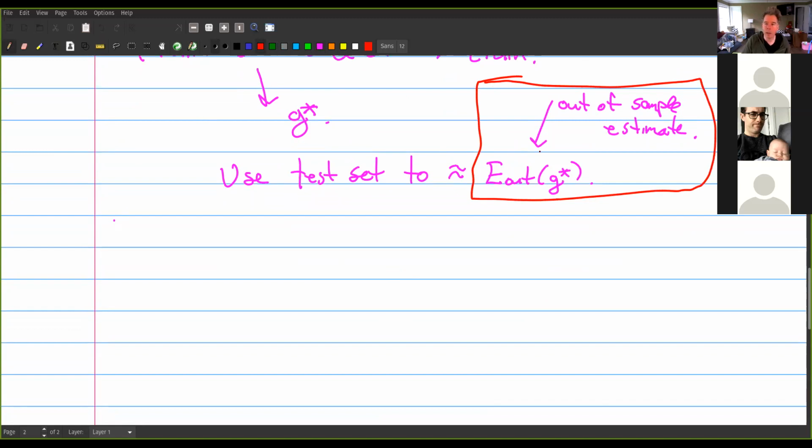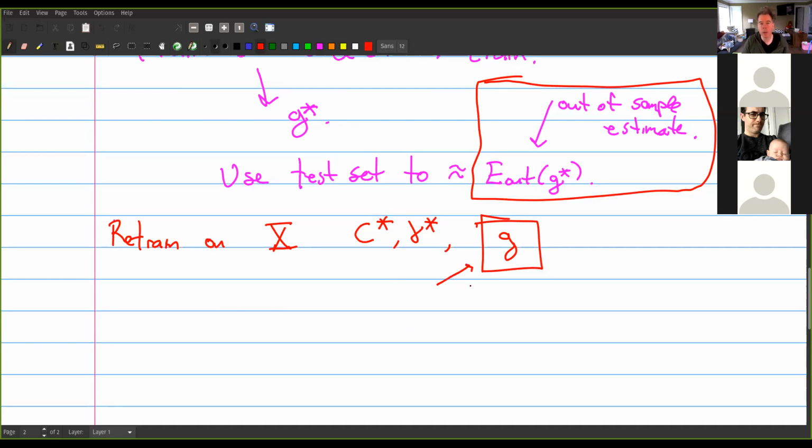So you provide this as an estimate of out of sample performance, but now you retrain on all the data you have, the full data set, using the best hyperparameters, C star and gamma star. This gives you some final model, let's just call it G here. And now G is what you use in production.